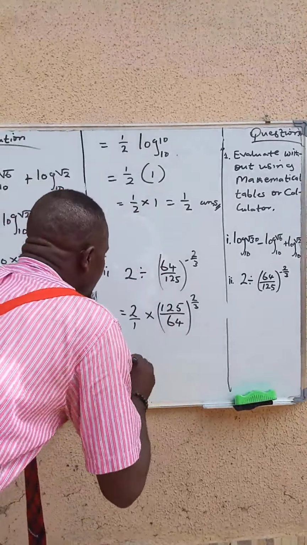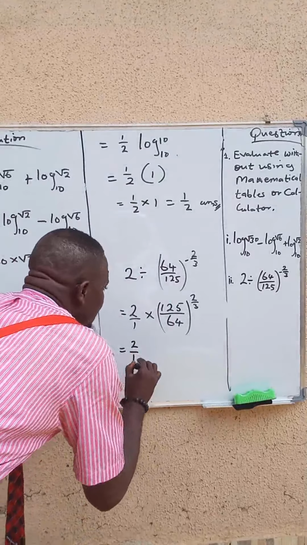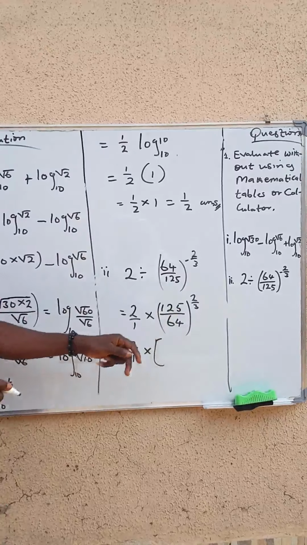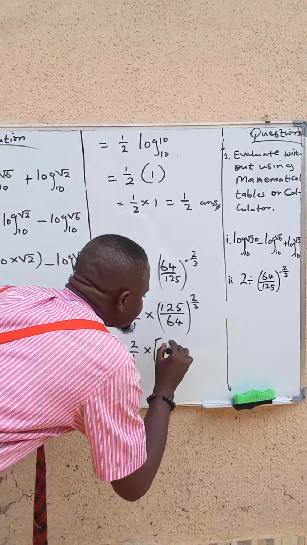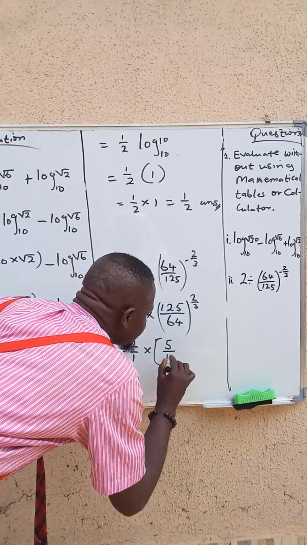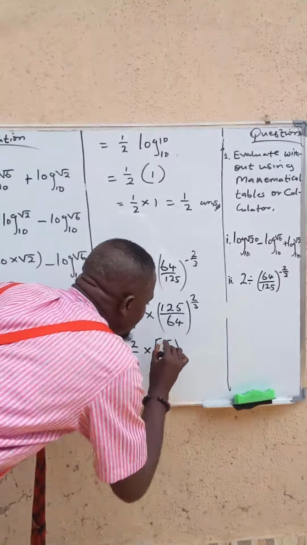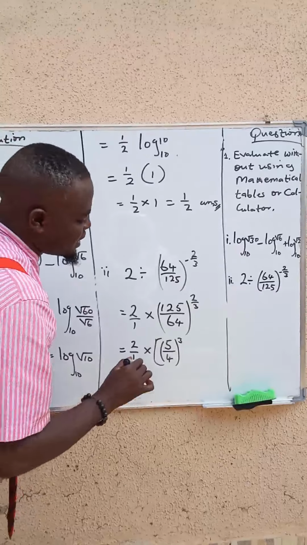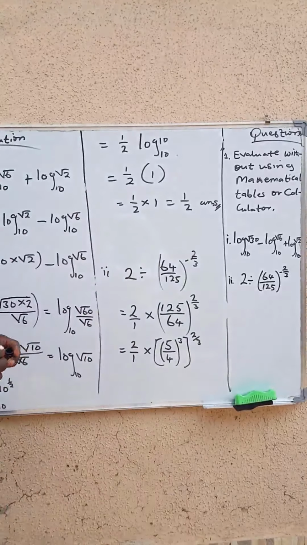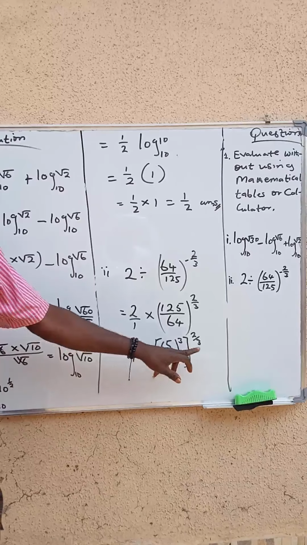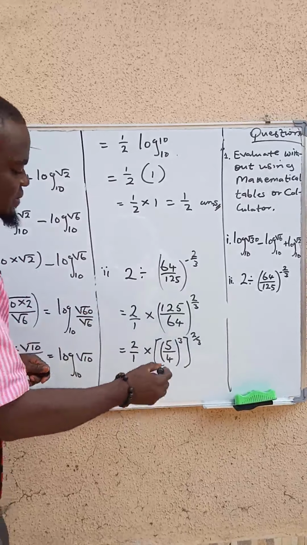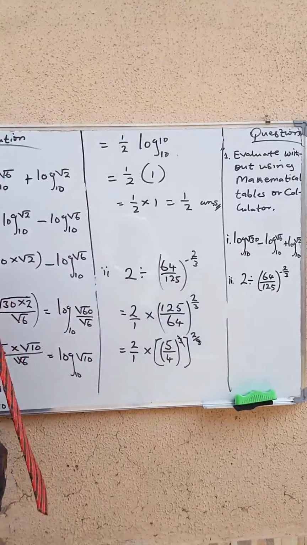So if you look at it very well, this thing can be 2 over 1 multiplied by this bracket, because 125 is 5 cubed, and 64 is 4 cubed. So the whole of this will now be raised to the power of 3, raised to the power of 2 over 3. Now, we said that by the power law, the two powers multiply each other. So if 3 multiplies 2 over 3, it means this will take care of this.